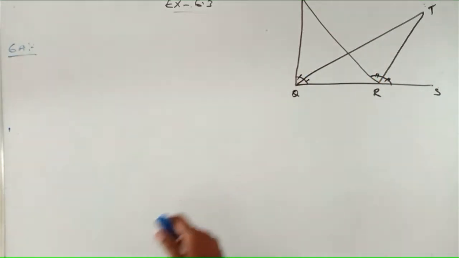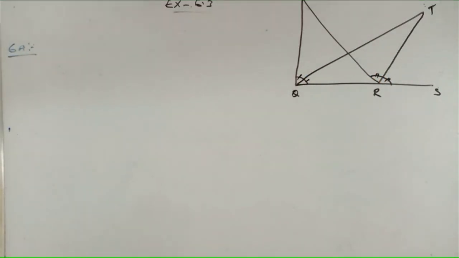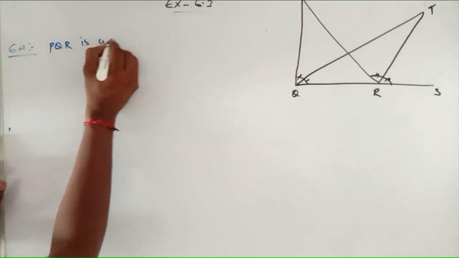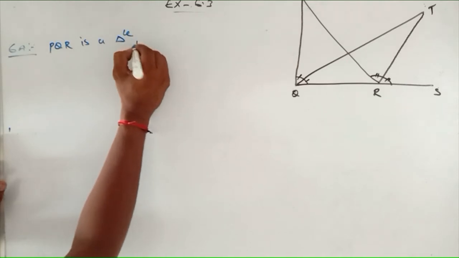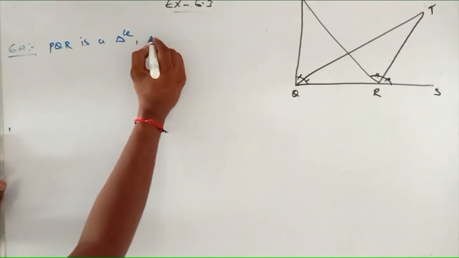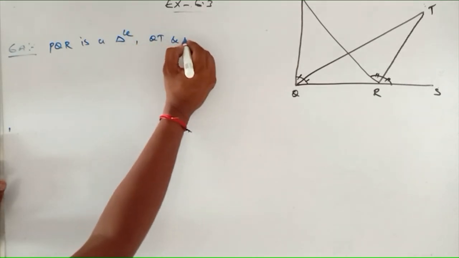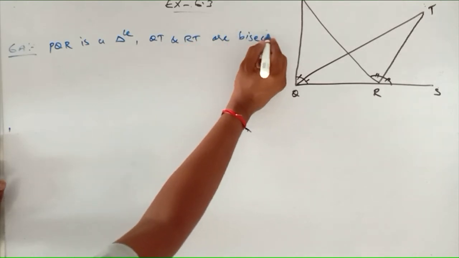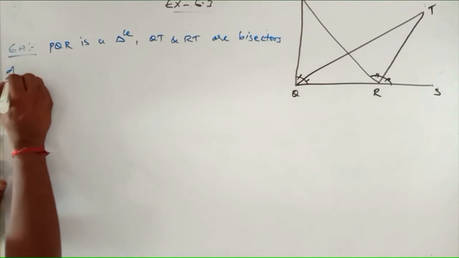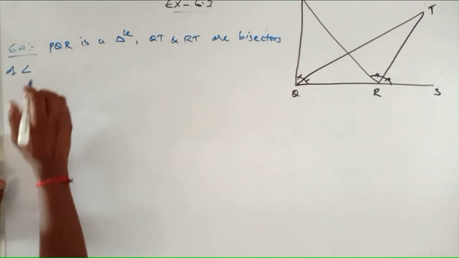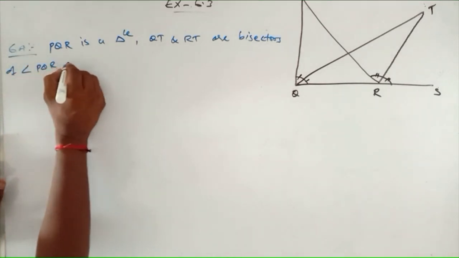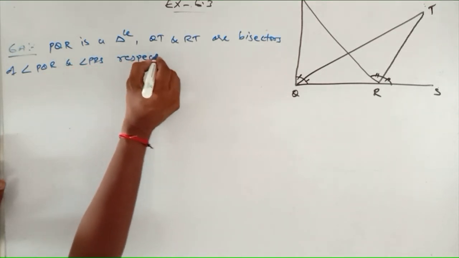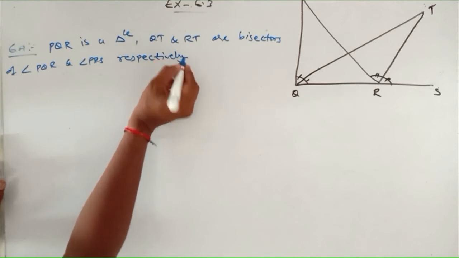Okay, to prove this, first I am considering PQR is a triangle. Here QT and RT are bisectors of angle PQR and angle PRS respectively.